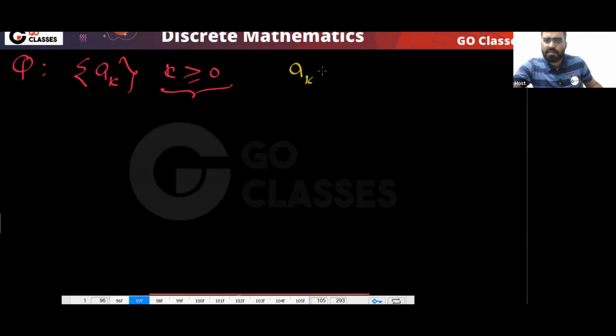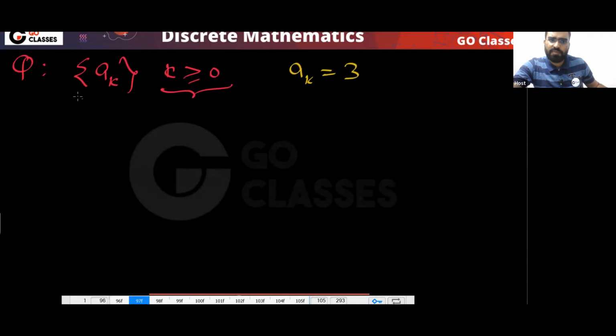Now let's move on. What is the generative function for this sequence? I am giving you a sequence AK, where k is greater than or equal to 0, and AK is given as 3.